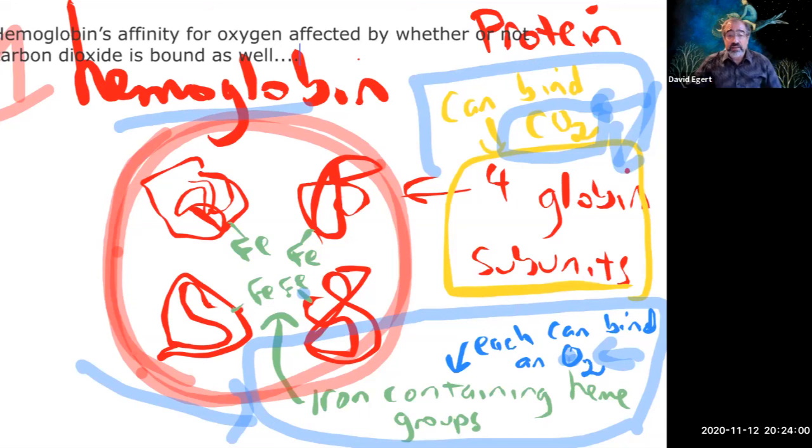So we're going to talk about this in more detail. But basically, hemoglobin can hold on tighter or less tight, let oxygen go more easily or not, depending on how much CO2 is around. And we'll talk about why that makes sense.